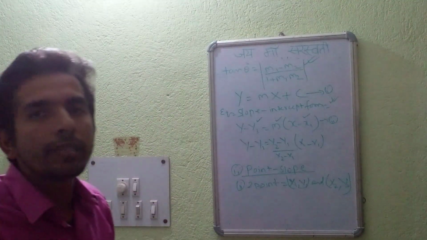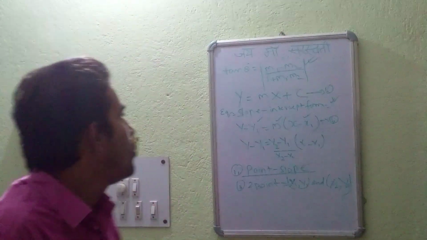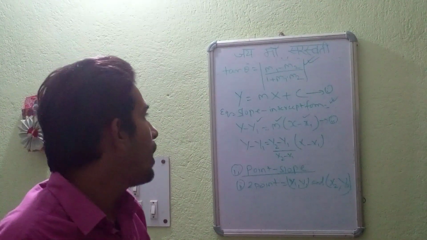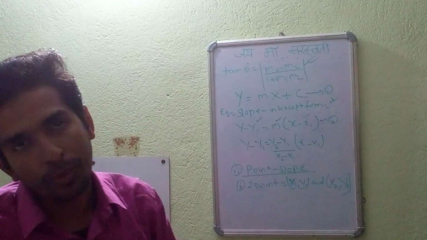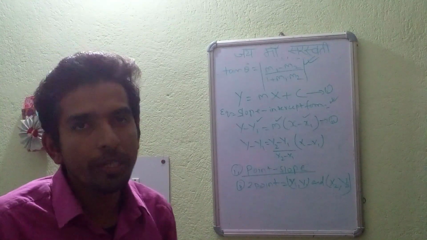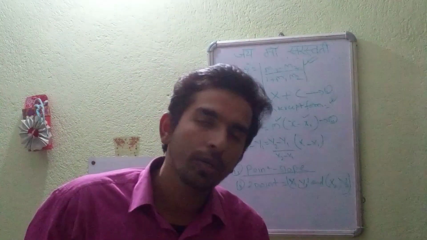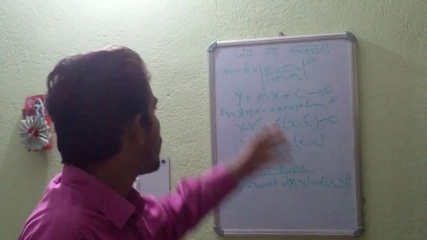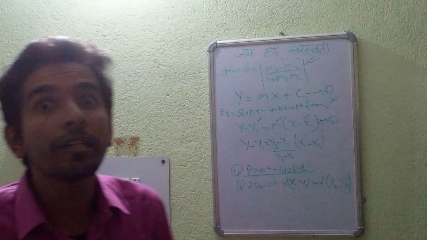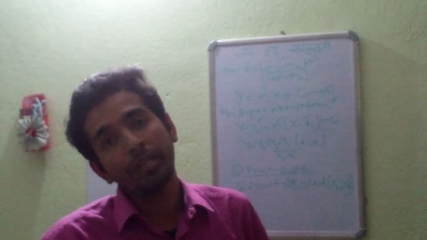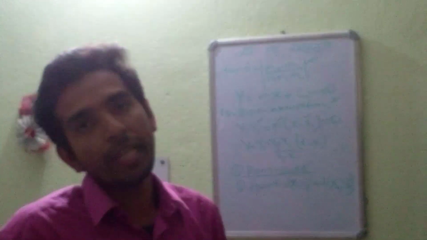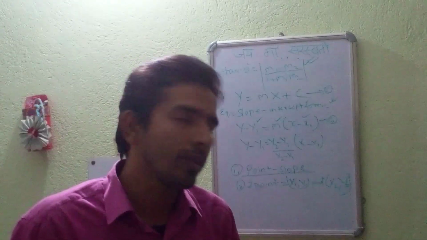We will see different examples that will certify my statement further, in which situation we take the point slope equation and in which we take the two-point equation. These three types are the major types of equation of a straight line in coordinate geometry. We will take one example of each, and thereafter we will proceed further.